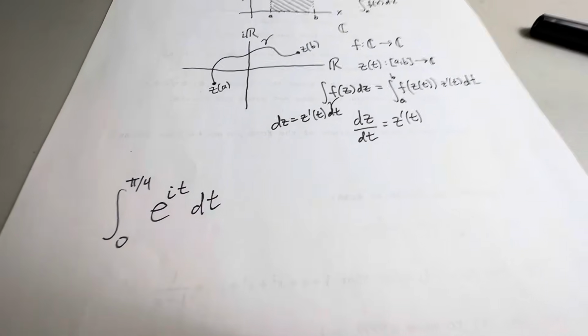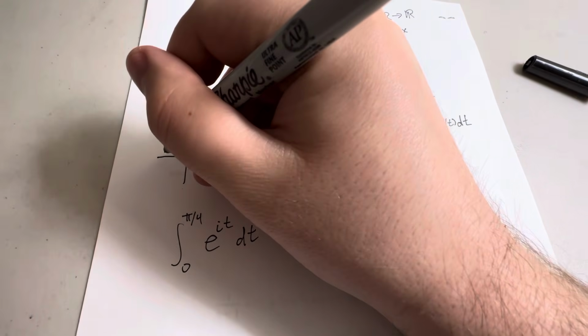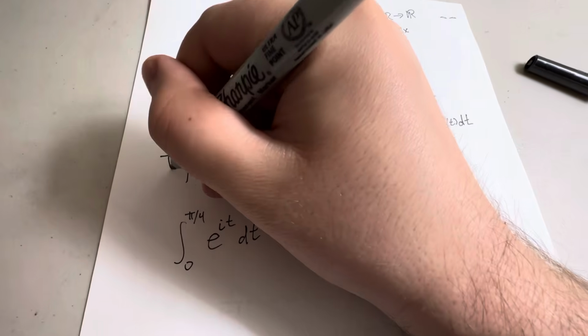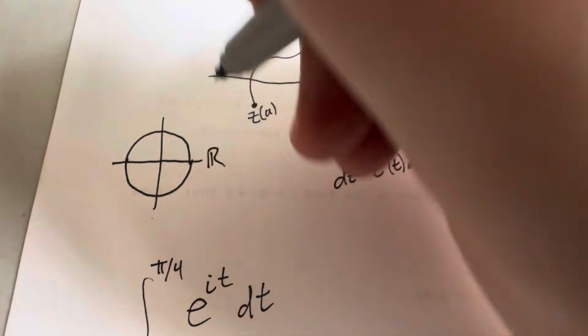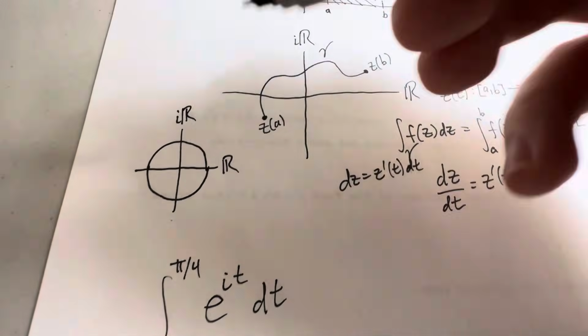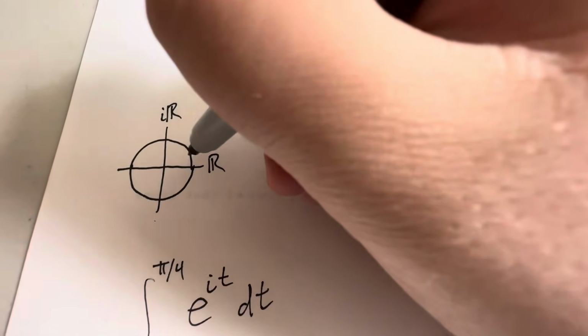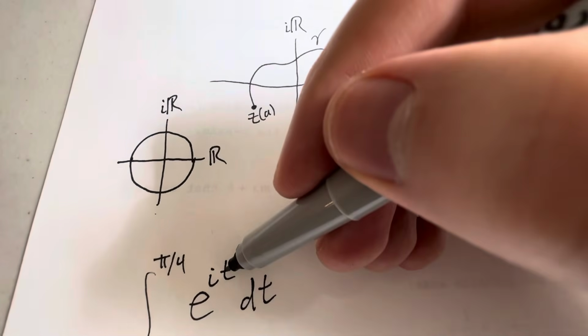So if I were to draw a picture, it would look like this. Here's my unit disk in the complex plane, real, imaginary. So e to the it are points on the circle, and the t represents the angle.